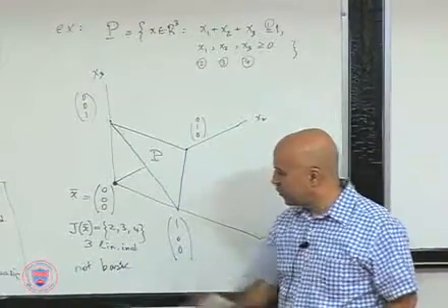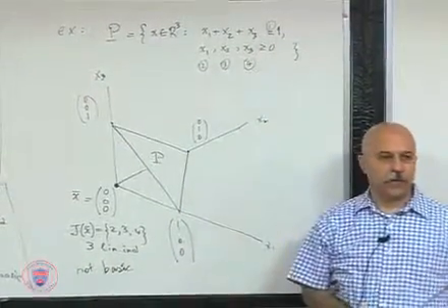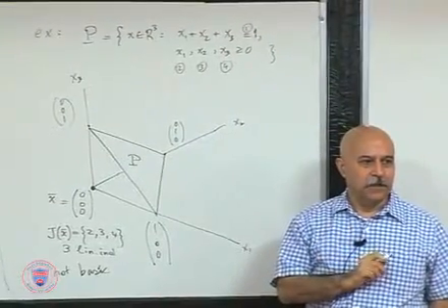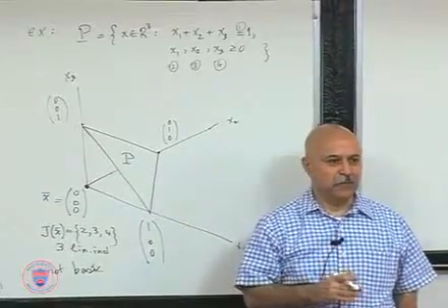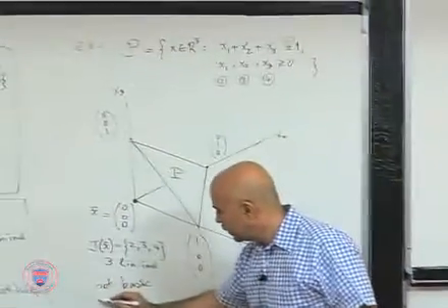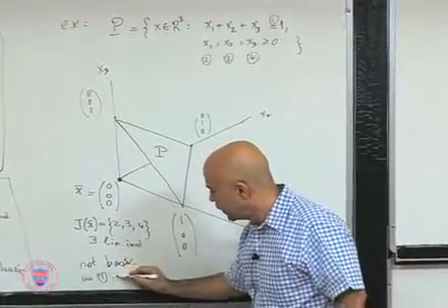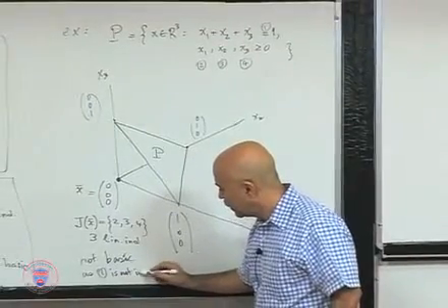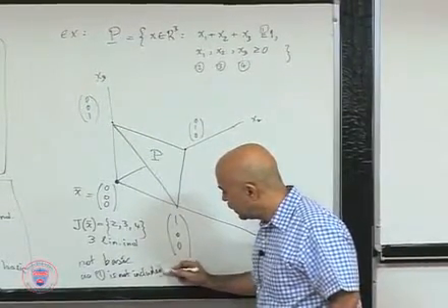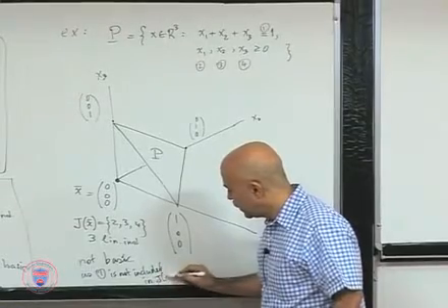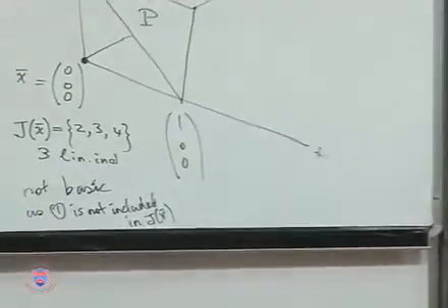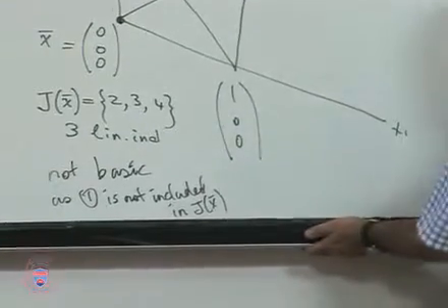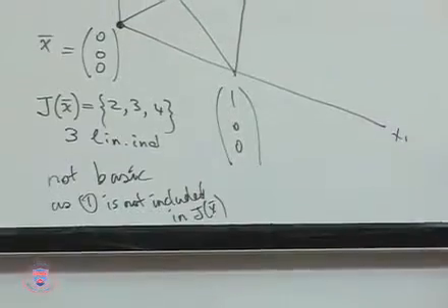Not a basic solution, because it misses number 1. You're supposed to satisfy that. Okay? So, these are subtle differences. There's a reason why I'm giving you all these examples. All right. So, it's not basic. Fine. At least we know that much. And for sure, it's not feasible.